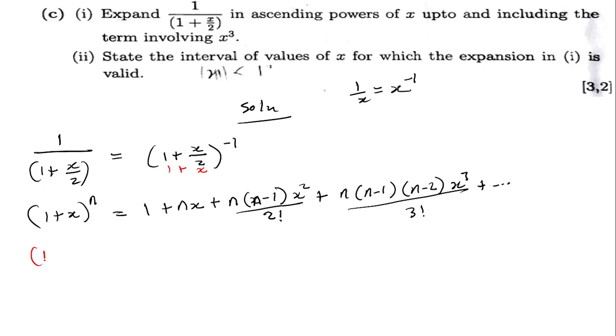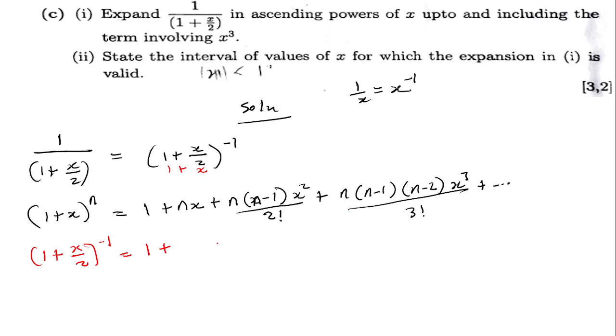So what we have is (1 + x/2) to the power negative 1. So this will give us 1 plus, remember n is simply a negative. Since n is a negative, you can easily find the value.